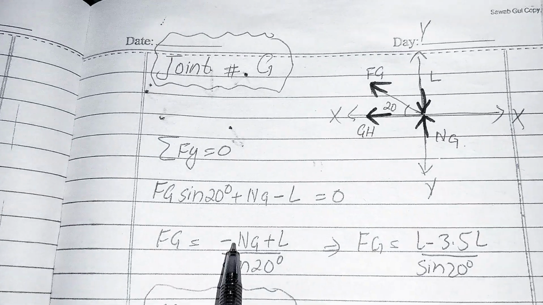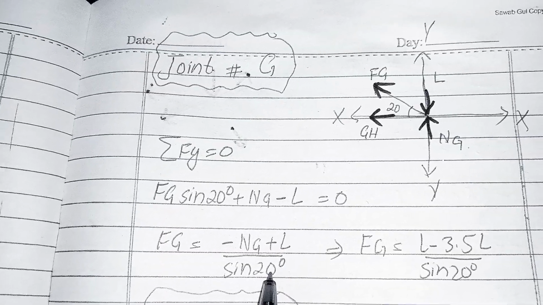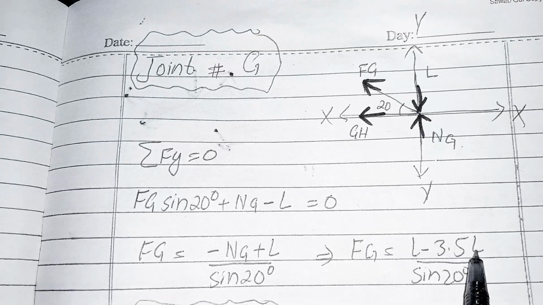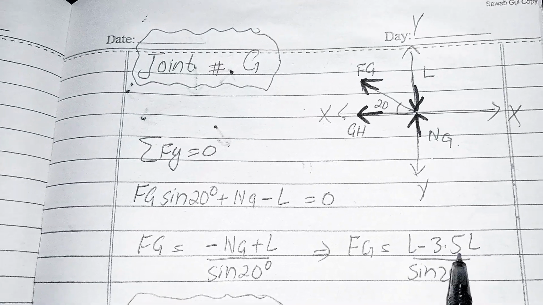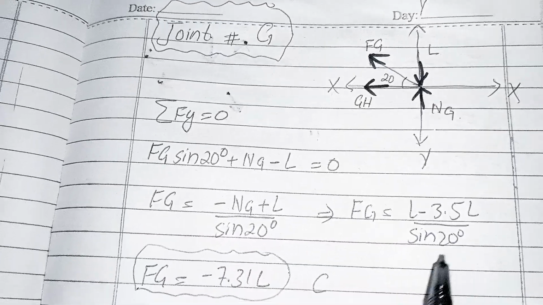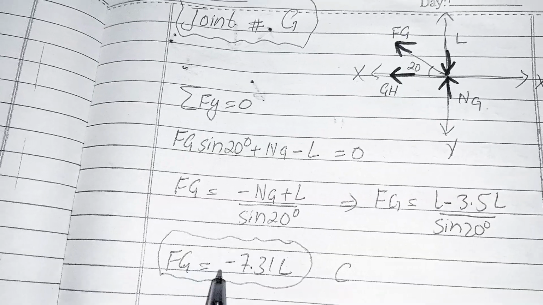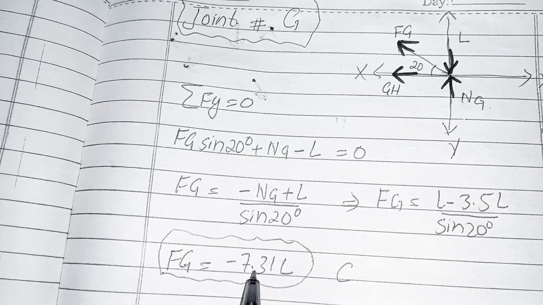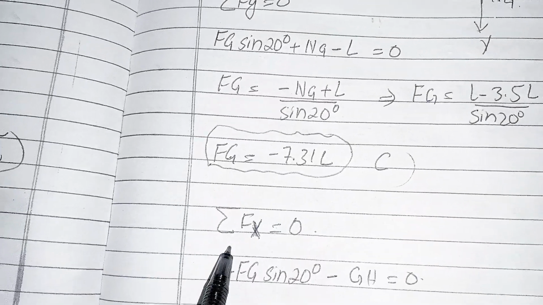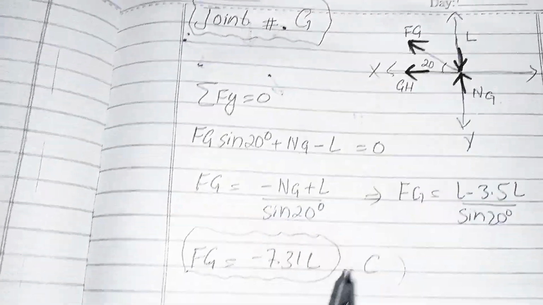So Fg will equal minus Ng plus L divided by sine 20. In place of Ng, 3.5L, minus L minus 3.5L divided by sine 20. If you calculate this, Fg will equal negative 7.31L, which is in compression.